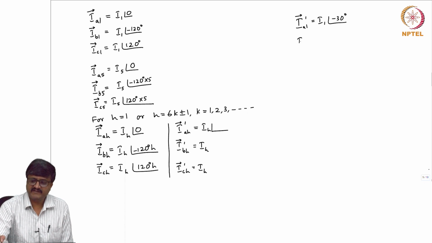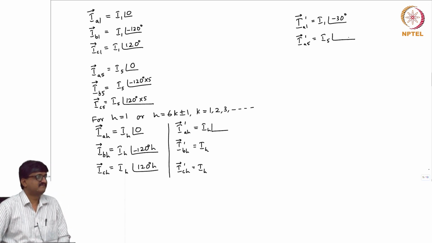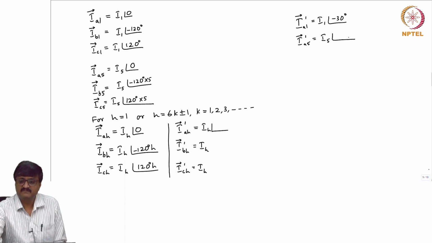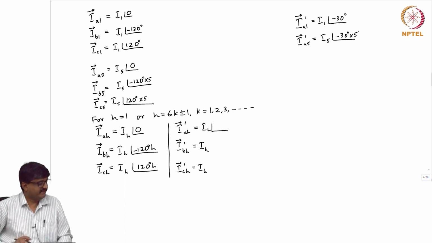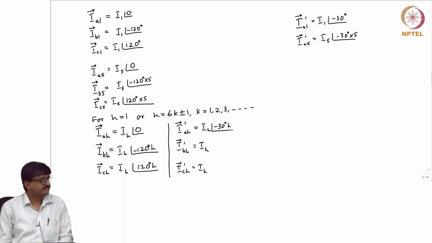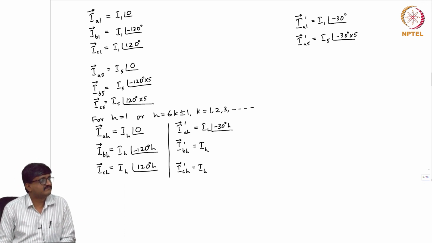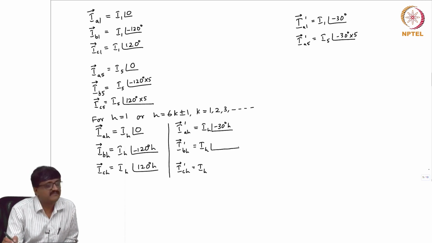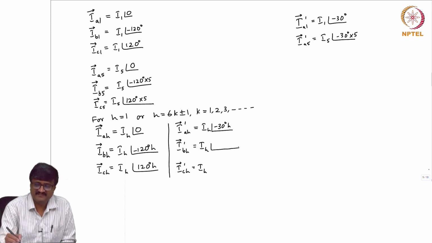But if you take IA5 prime, it is I5 at an angle minus 30 into h, so minus 30 into 5. So the phase angle here is minus 30 degrees into h. What about IBH prime? Minus 150 h.